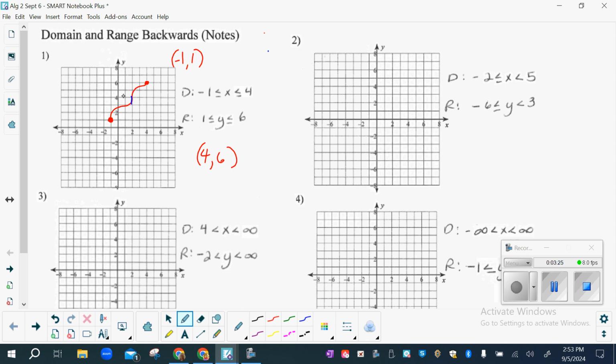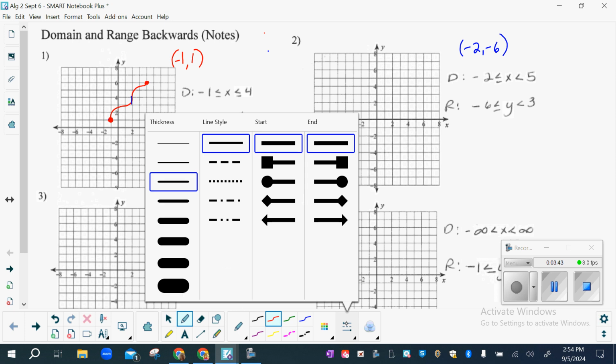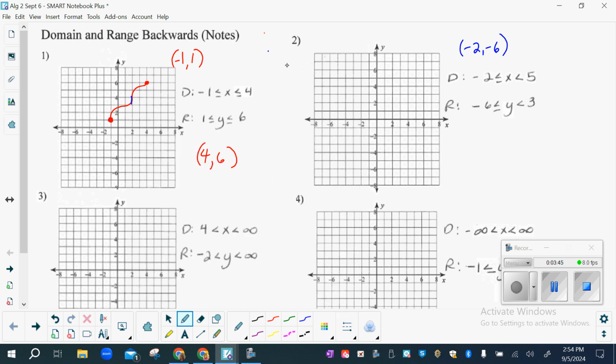Okay, so where might we start on number 2? How about negative 2, negative 6? Closed circle or open circle on negative 2, negative 6?